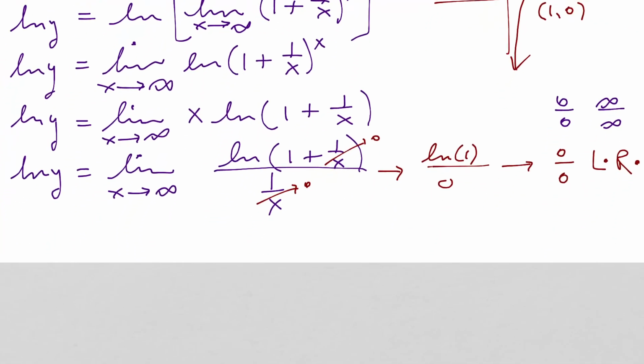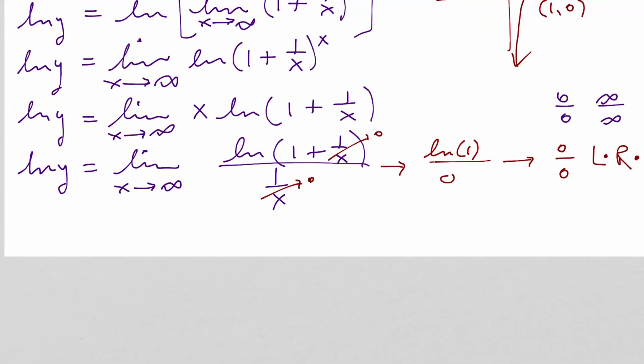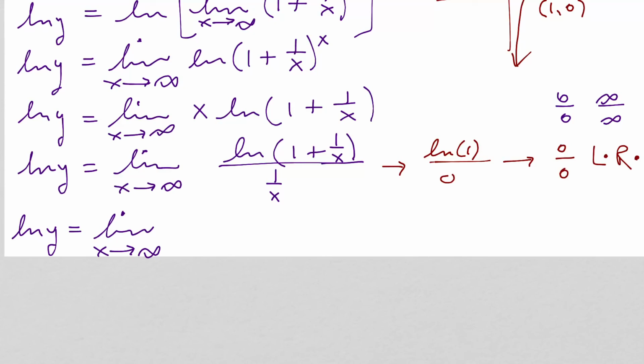All right, so now I've got the ln of y is equal to the limit as x approaches infinity of the derivative of the numerator in this form. So I don't want those zeros there. Let's move that. All right.